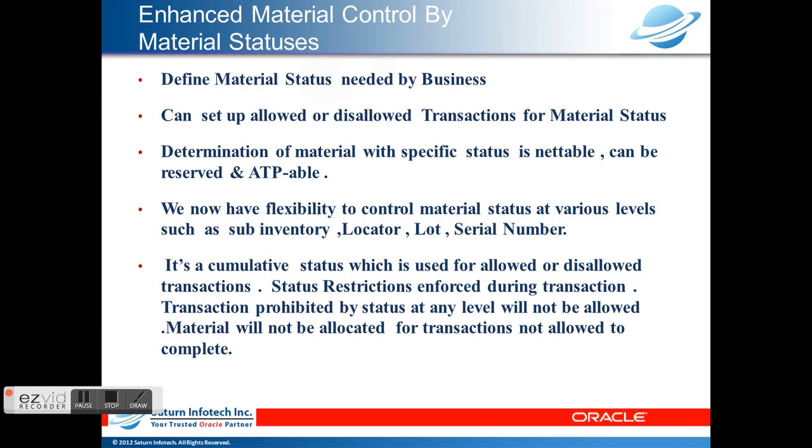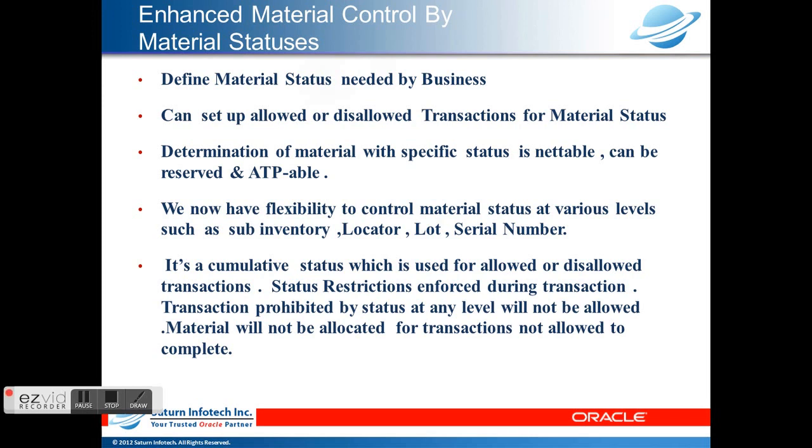Now we have the flexibility to set material status at various levels, such as sub-inventory level, locator level, lot level, or serial number level. This flexibility is also there now in R12. When the system determines whether a transaction is allowed or not allowed for a particular material, it is based on the cumulative status of the material.